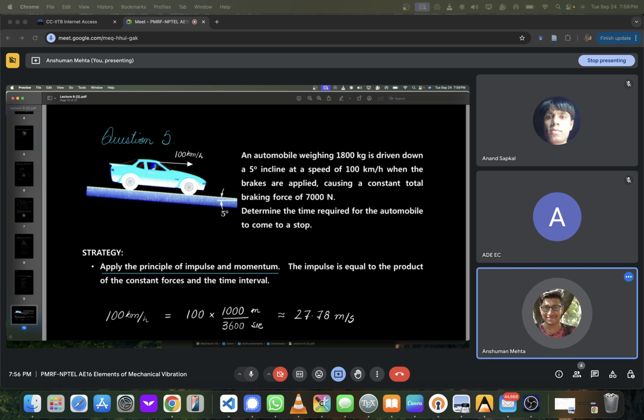Okay, so applying the principle of impulse and momentum, mv1 plus summation of impulse from point 1 to 2 is equal to mv2.